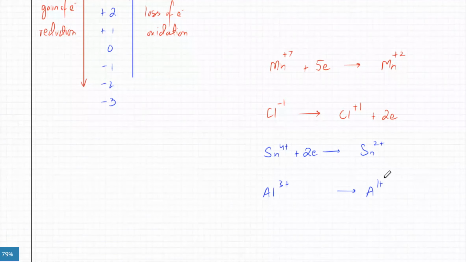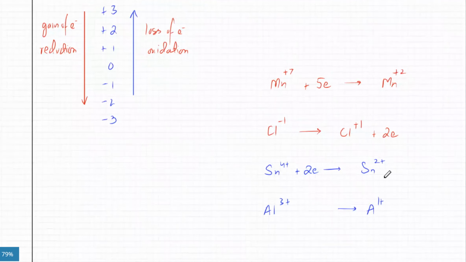Is it decreasing, reducing, or is it increasing? Reduction. Gain of electron. It's reduction. It's a gain of electrons. You're going from 3+ to 1+. You're basically decreasing. So it's a gain of 2 electrons. So look at the charge. If it's reducing, then it's a gain of electrons.